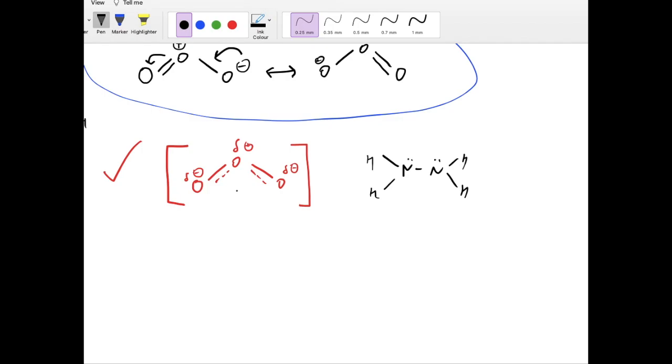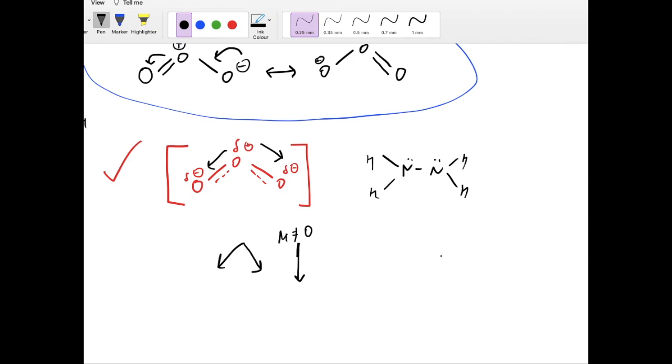In ozone you can easily see, because of the presence of a delta positive here and a delta negative here, and also a delta negative here, the dipole moment would be like this. Since the dipole moments are like these, there would be a net dipole moment in the downwards direction, which is mu. Mu is the net dipole moment. Mu not equal to 0.